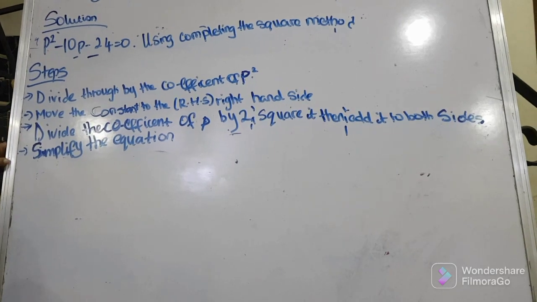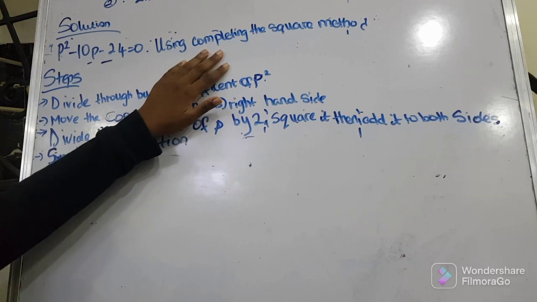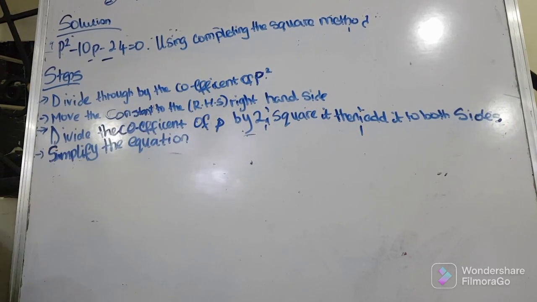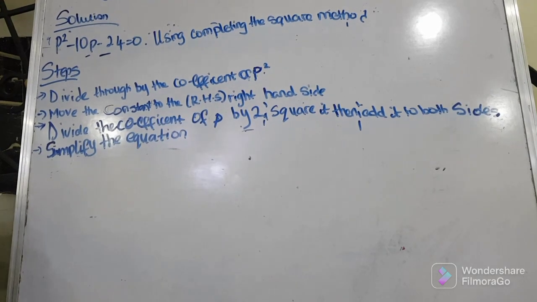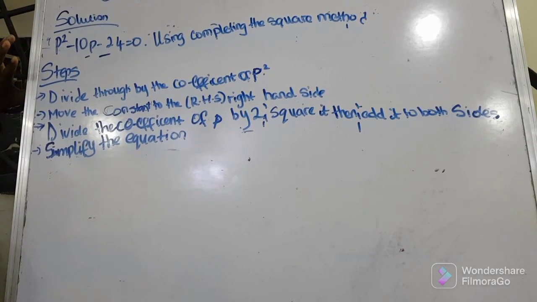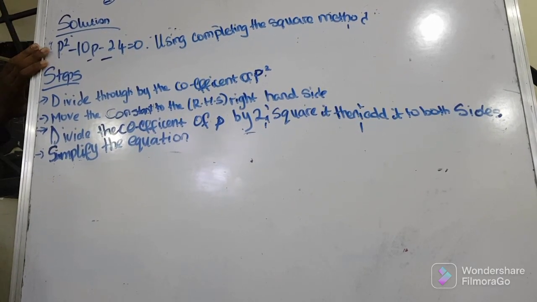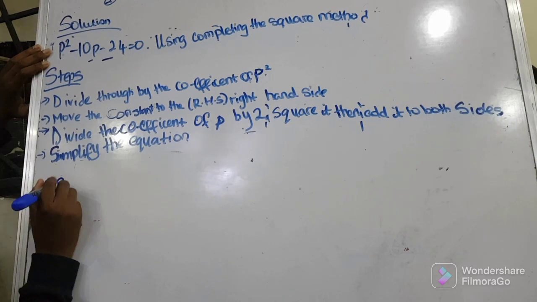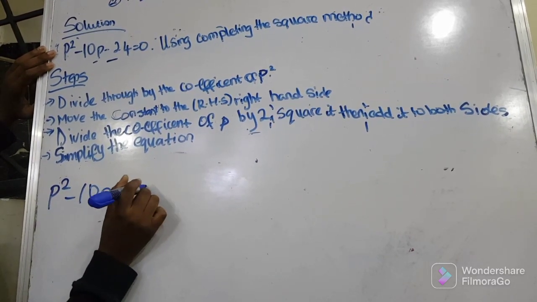I've written out the 4 steps of using the completing the square method. Step 1, divide through by the coefficient of p squared. The coefficient of p squared in this case is 1, so you don't need to change the question here because it will still give you the same figures. So you just write it out: p squared minus 10p minus 24 equals to 0.